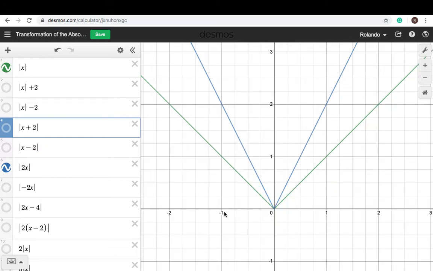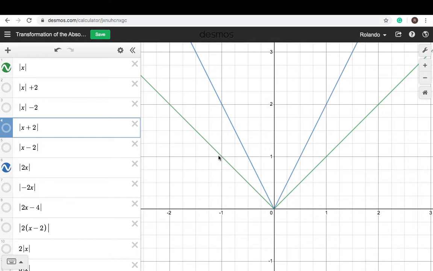Notice here that originally for the parent function we have x equals negative 1. If you get the reciprocal of this 2, that is 1/2. So we get x equals 1/2, this is the point, and then trace it up. At this point, the y value is 1, and for the green graph, the y value is also the same.